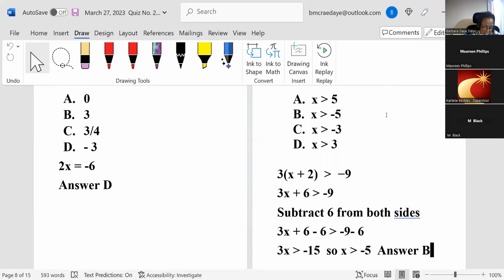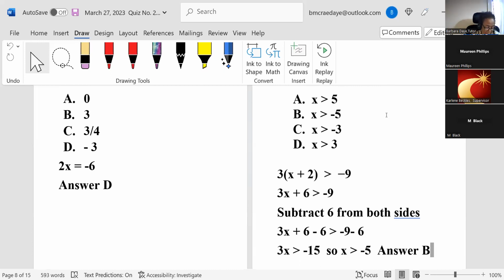No, you had it incorrect. You said D. It's not D, it's B. So number 6 was incorrect for you, Maureen. Yeah, D is incorrect. So Mercedes, you saw where you made your mistake? Yes, miss. Okay. All right. So that's number 6.